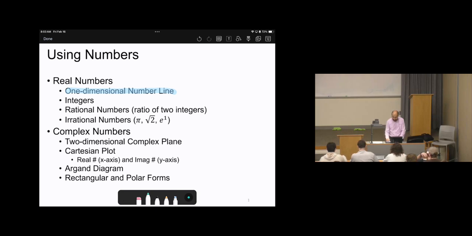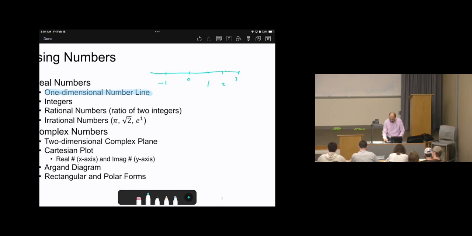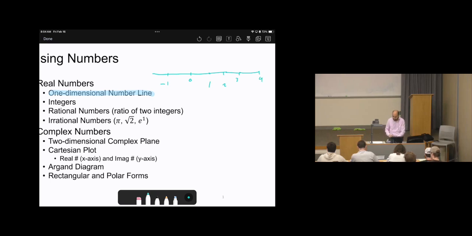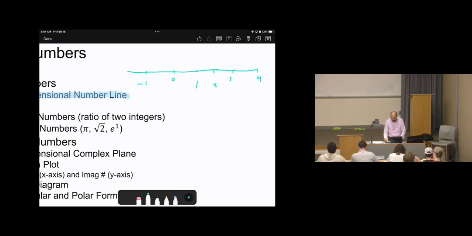So if you draw a line, you can say here is the location of 0, this is the location of 1, location of -1, 2, 3, 4, etc. And you can say, for example, pi can be somewhere between 3 and 4, right?